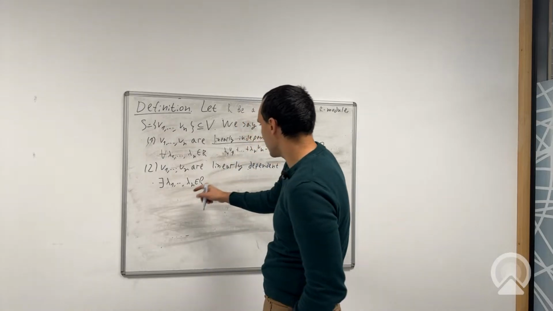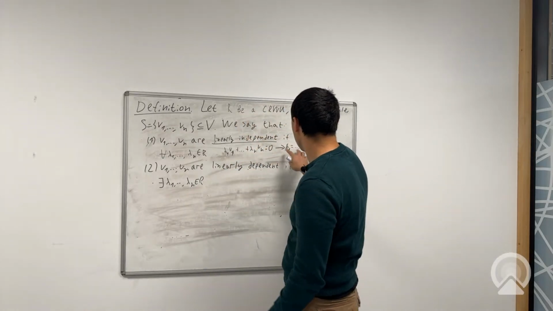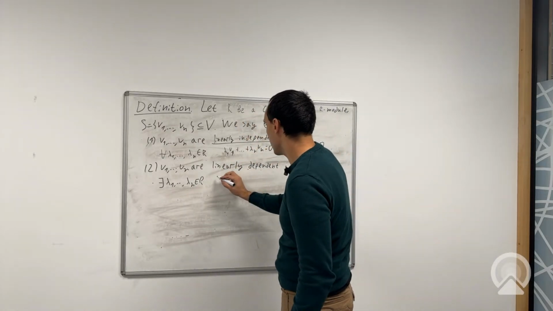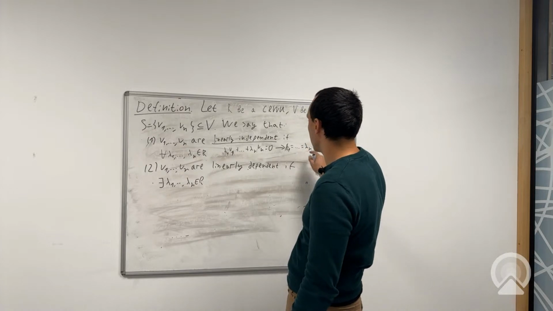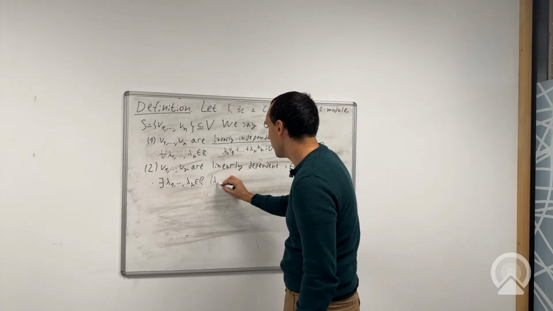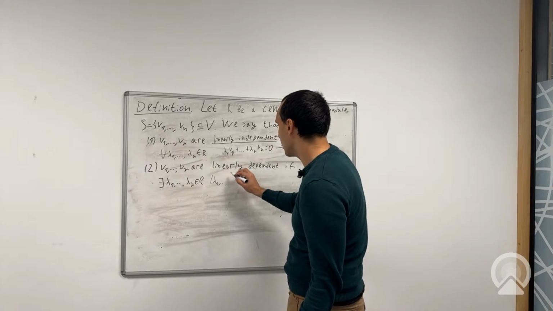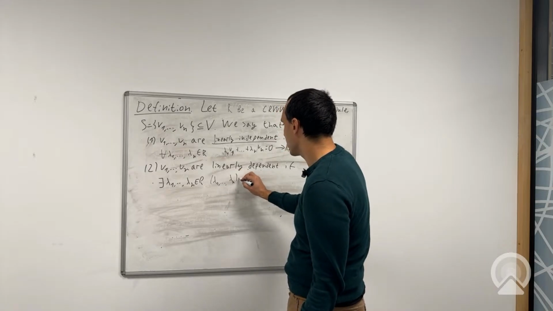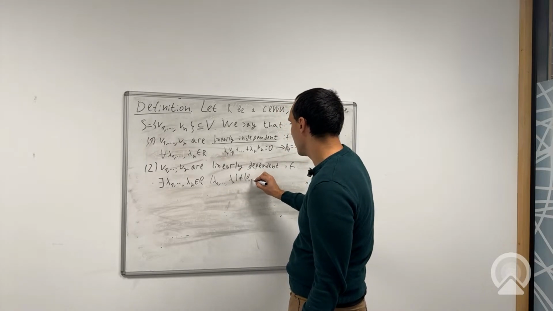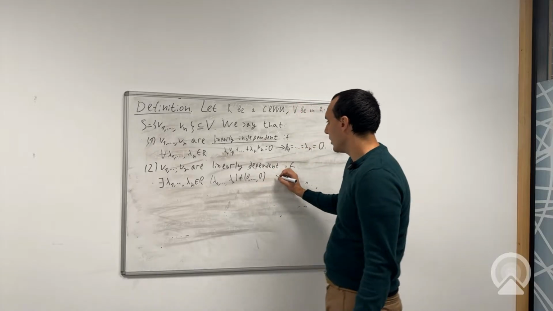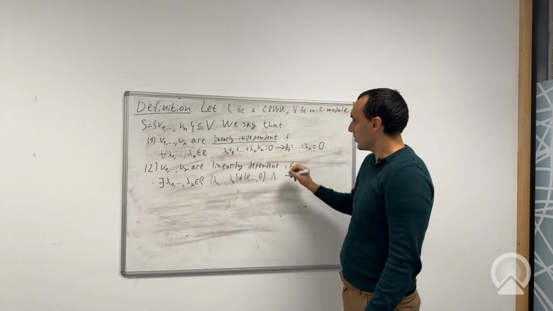So there exist such lambdas that are not all zero, the tuple is not the zero tuple, so at least one of them is not zero, and their combination is zero.